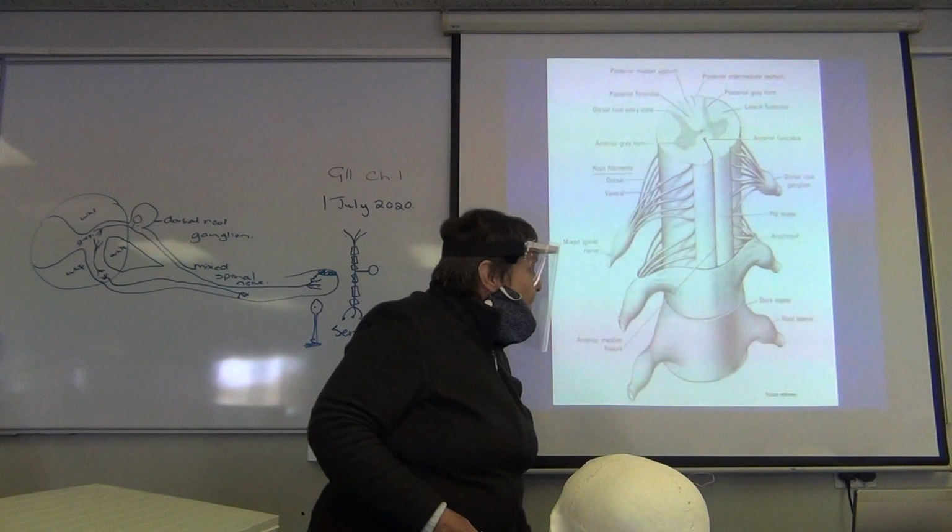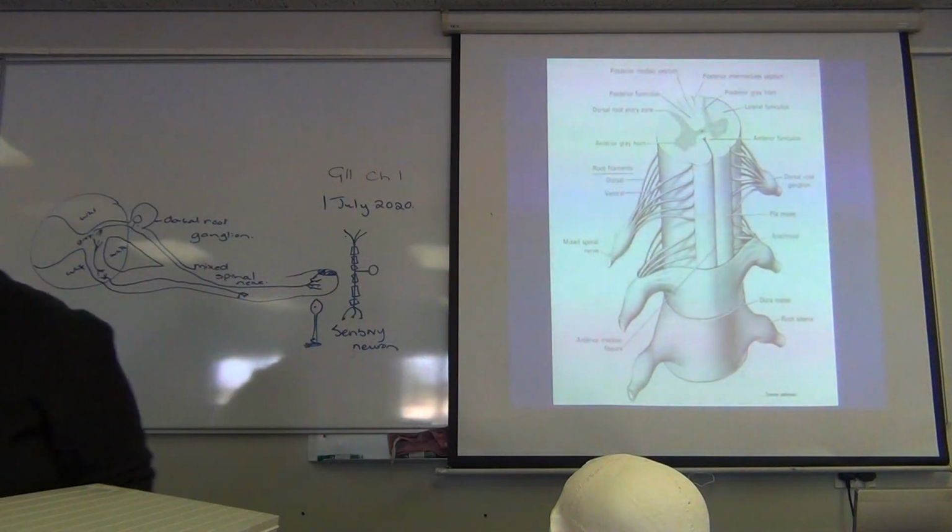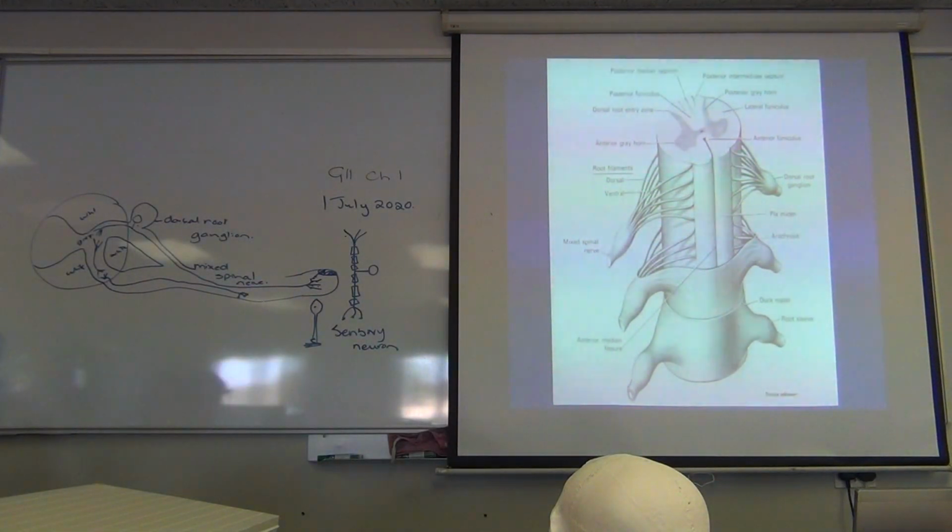So let's say, in this case it's a foot. Let's say I stepped on a thorn. So over here would be my foot. And I stepped on a thorn, and the impulse will go through a sensory neuron from my foot all the way into the spinal cord.